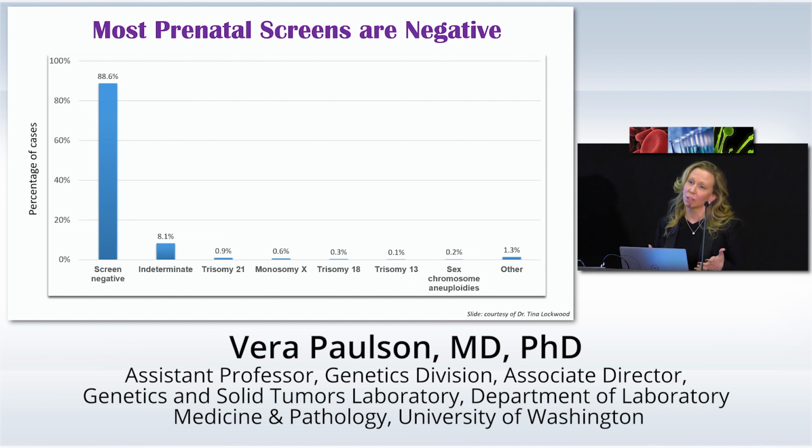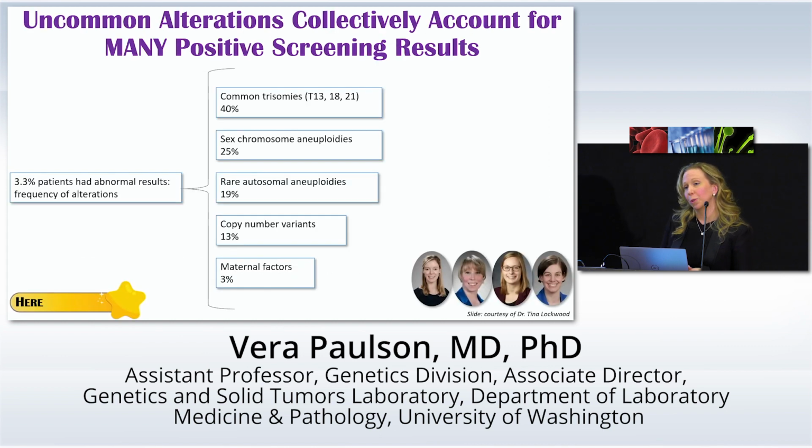Most of our prenatal tests are negative, as would be expected. About 90% are negative. The next number to think about is the indeterminates. We're about 8% there, which is within industry standard. And the last 2 to 3% are our abnormals. If we break this down, about 40% of them are due to those classic trisomies, gains of 13, 18, or 21.